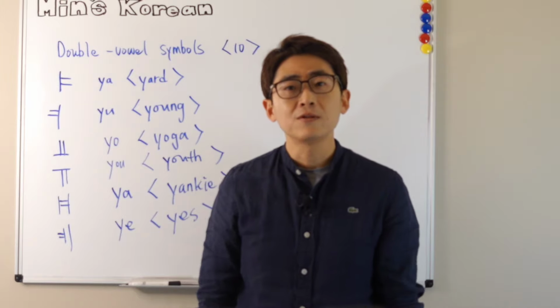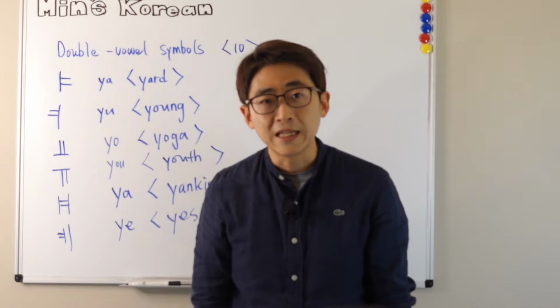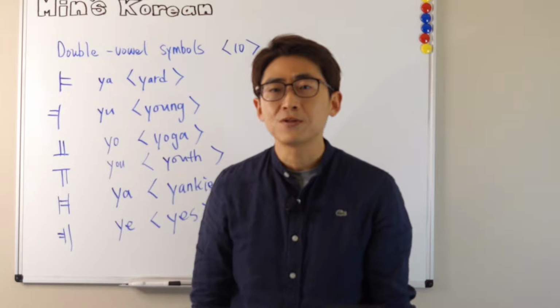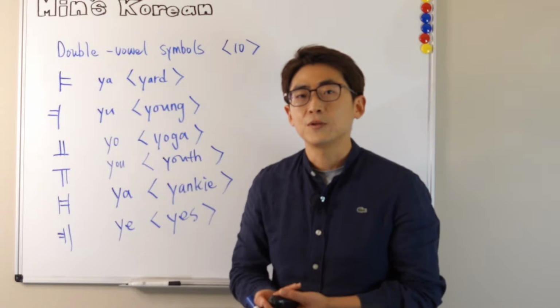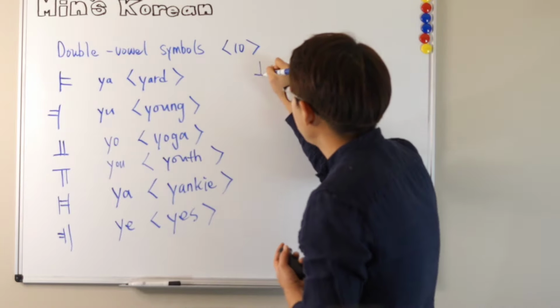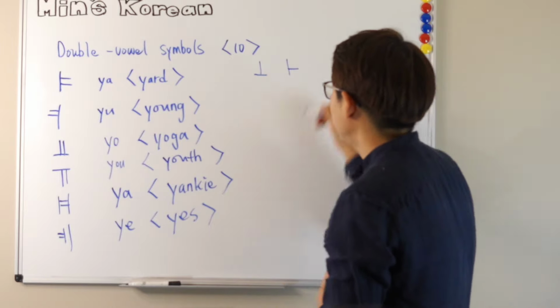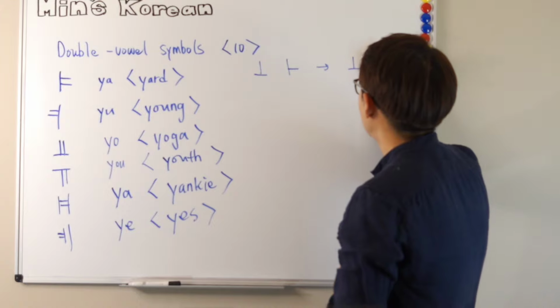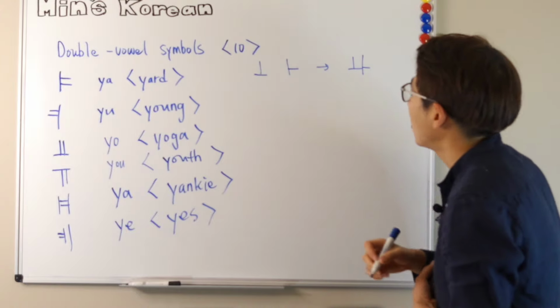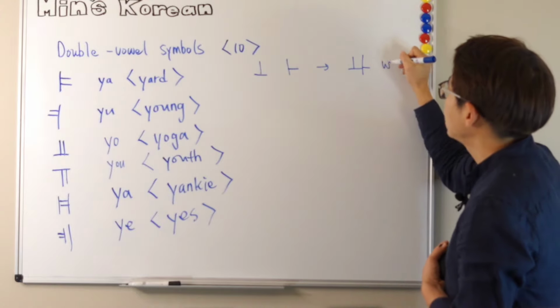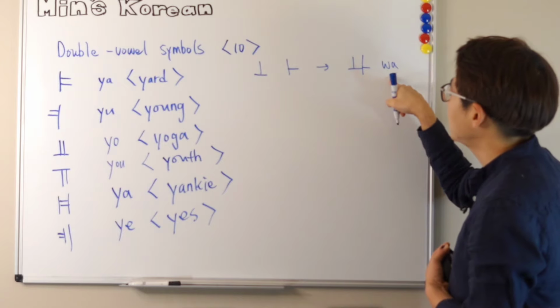The double vowel symbols are made of combining some of the basic vowel symbols together. For example, we can combine the basic vowel O with this one, and then it becomes wa, and the English representation is this one.